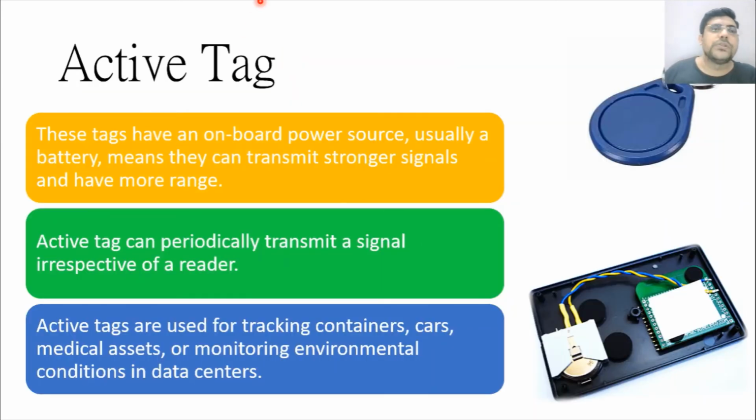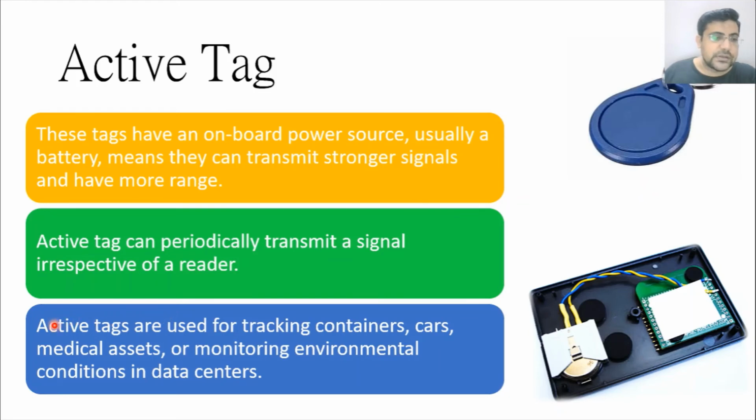Now let's talk about the active tag. These tags have an onboard power source, usually a battery, which means they can transmit a stronger signal and have more range. Because they work with a battery, they have a stronger signal. An active tag can periodically transmit a signal irrespective of our reader.